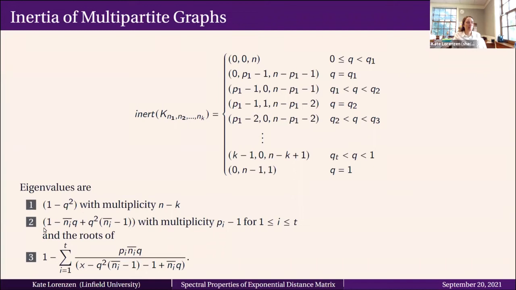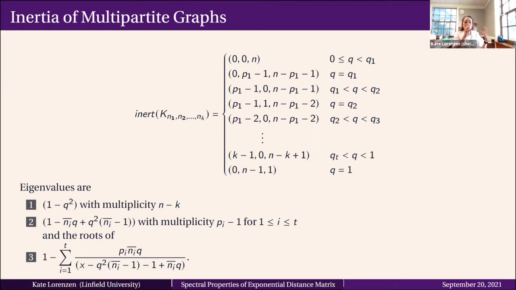I then have my eigenvalues of the second form, and these have multiplicity p_i minus 1, where p_i is the number of times a component size appears. These are also going to be equal to 0 at just one value of q. And the last ones are of the third type, which are the roots of this polynomial, and these all have multiplicity 1. What is happening is that when q is close to 0, all of our eigenvalues are equal to n.